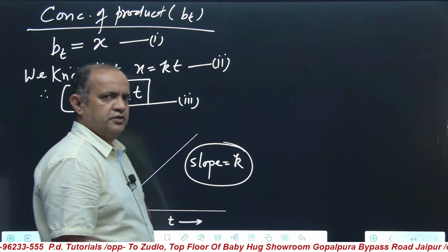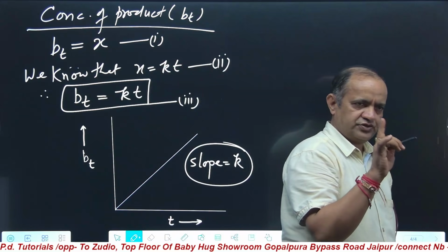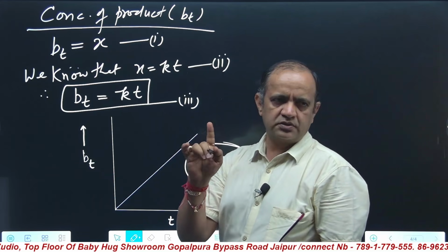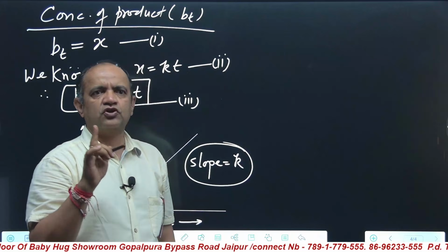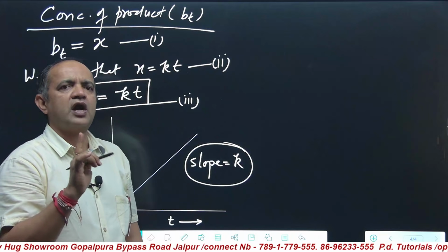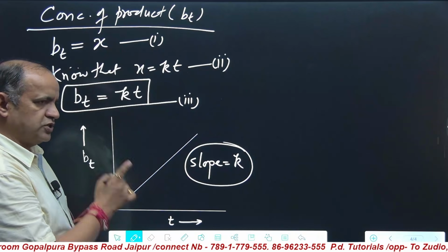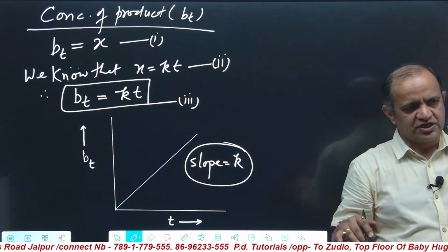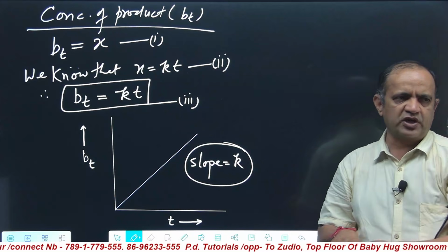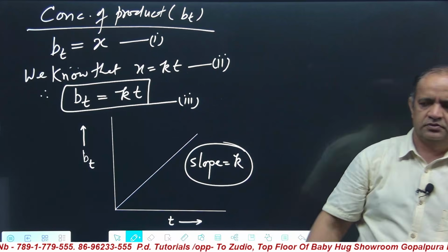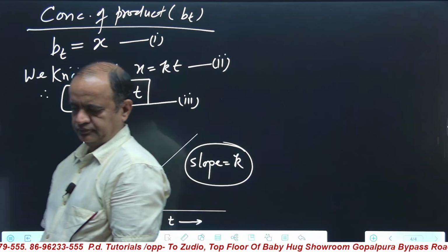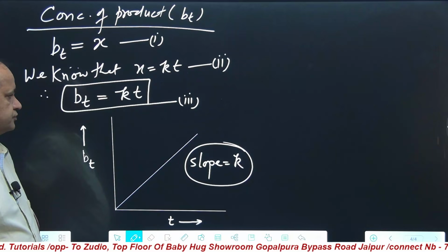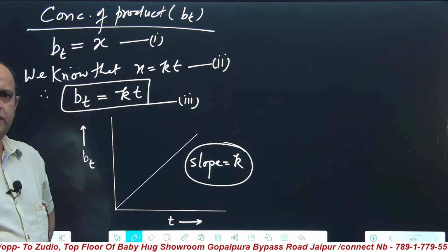So we have studied the concentration of reactant equation: At equals A naught minus kt, and concentration of product Bt equals kt. So please copy it. Both are linear. Reactant concentration decreases linearly and product concentration increases linearly. So any query to anybody?